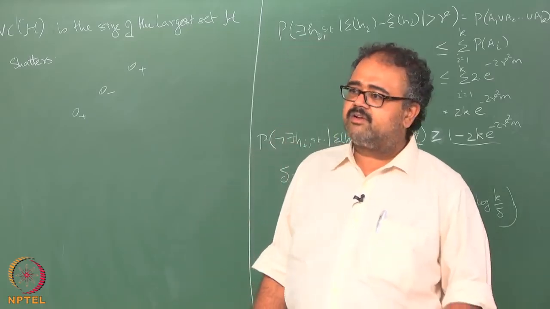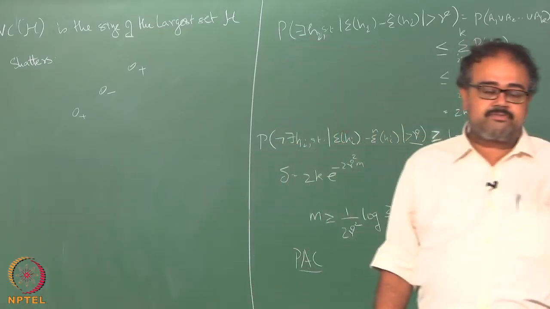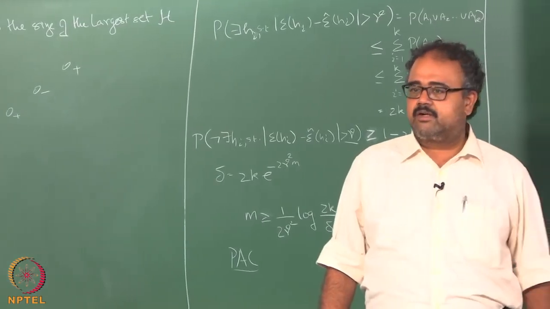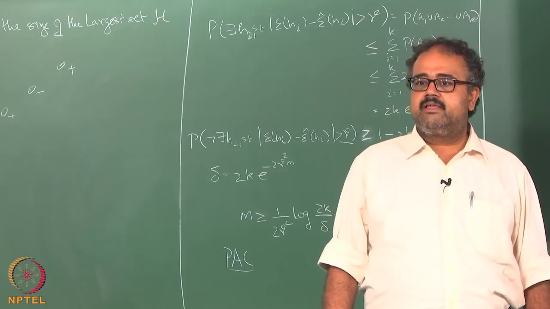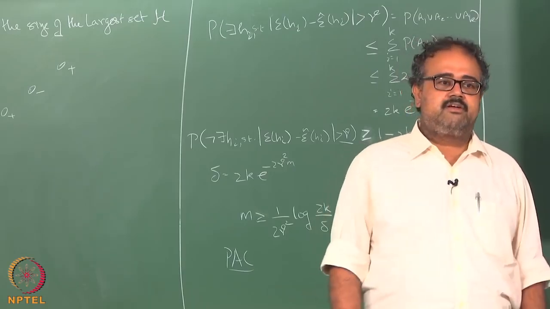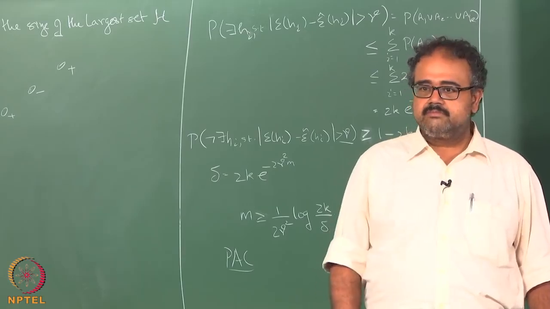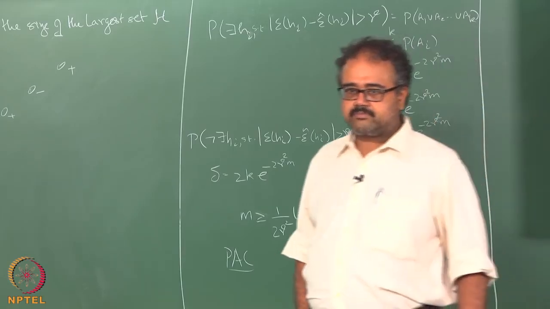And typically it turns out that for most kinds of reasonable classifiers that are out there, the VC dimension will be of the order of the number of parameters in the classifier, right.